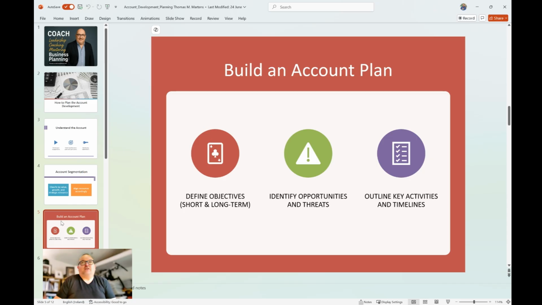Outline key activities and timelines. As an account executive, you are responsible to keep the customer happy and to take away all the challenges they have. Key activities could be inviting them to a special executive briefing at the headquarters, where they will get a clear overview about the new products.